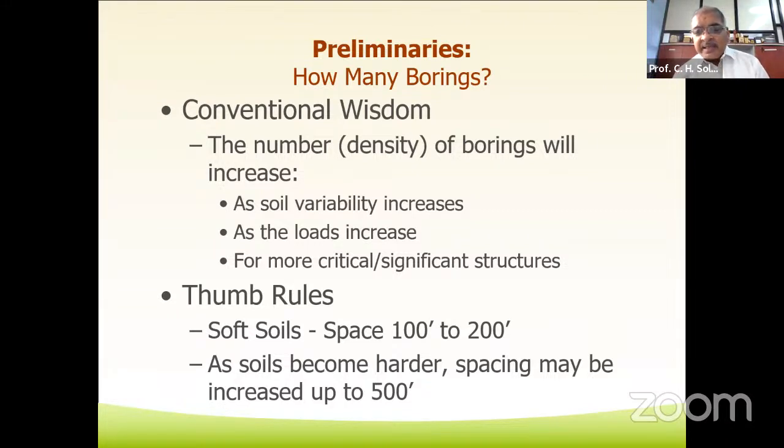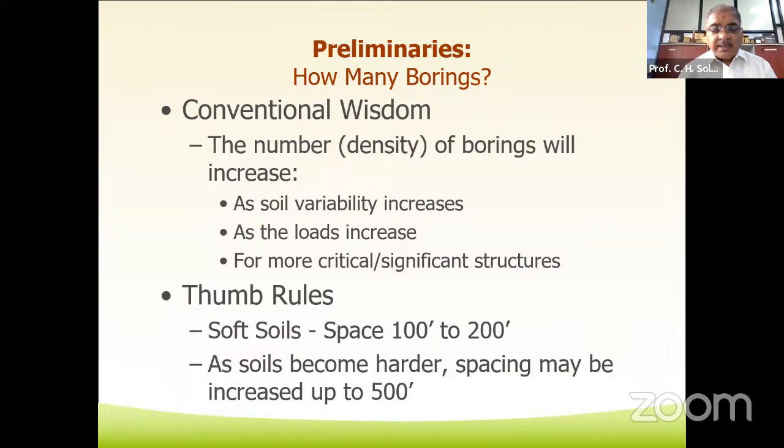The conventional wisdom says that the number of borings increases as the soil variability increases. As the load increases, or for more critical and significant structures, more borings will be required.